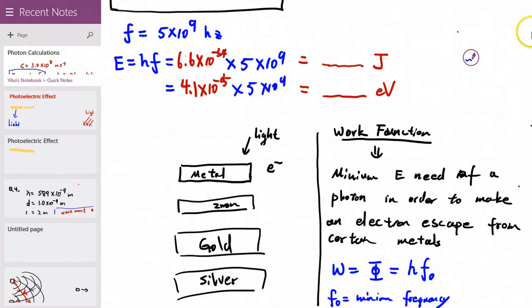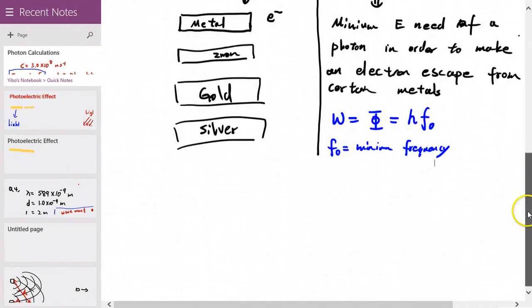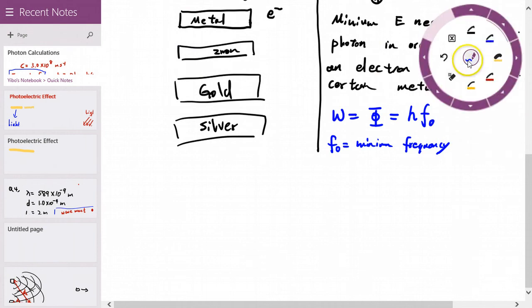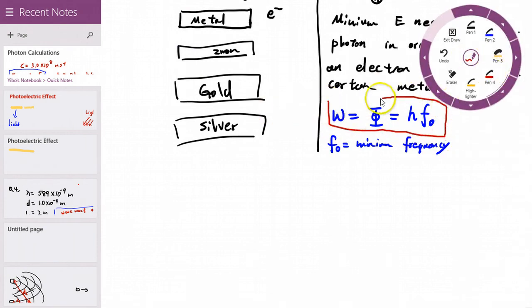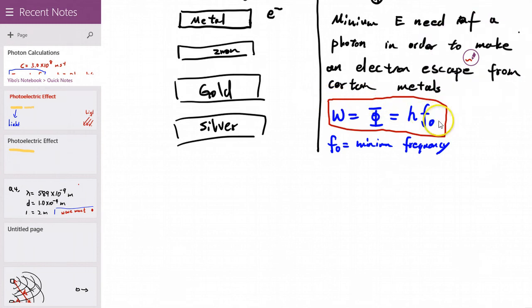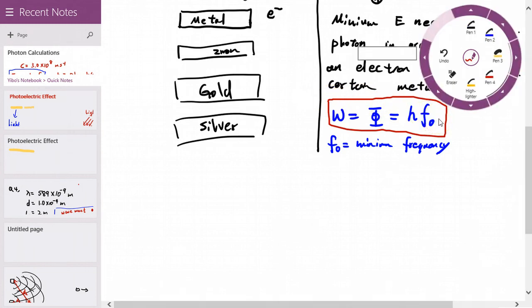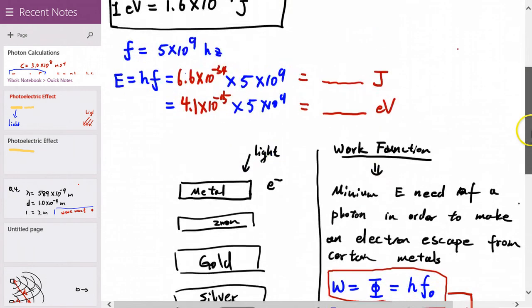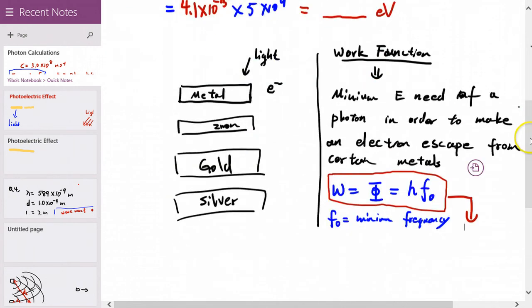This equation here is the very equation that Einstein developed, and he got a Nobel Prize for that. I know the theory behind it is not hard.